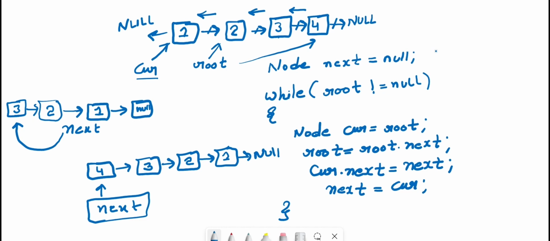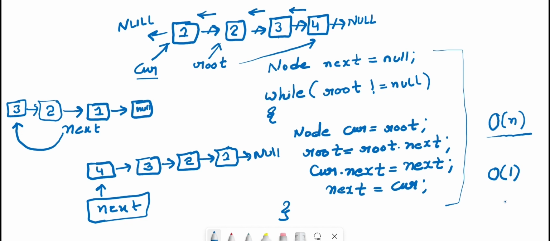So now if we look at the time complexity, it is big O of n because we are running a loop from root to the end of the linked list. But the space complexity is big O of 1 because we are not creating a new linked list, we are reversing the linked list in place. We are just modifying the pointers.